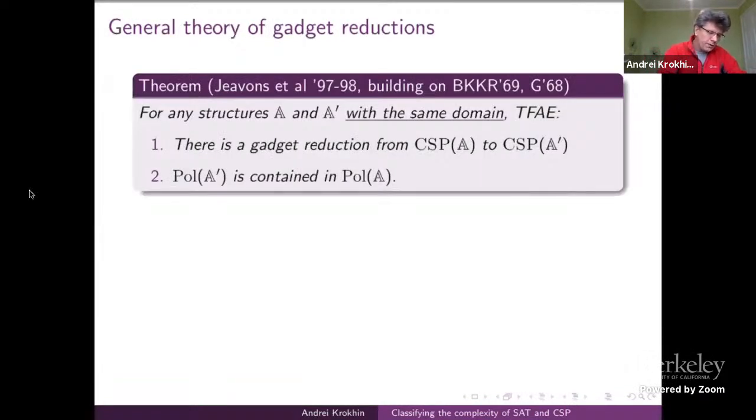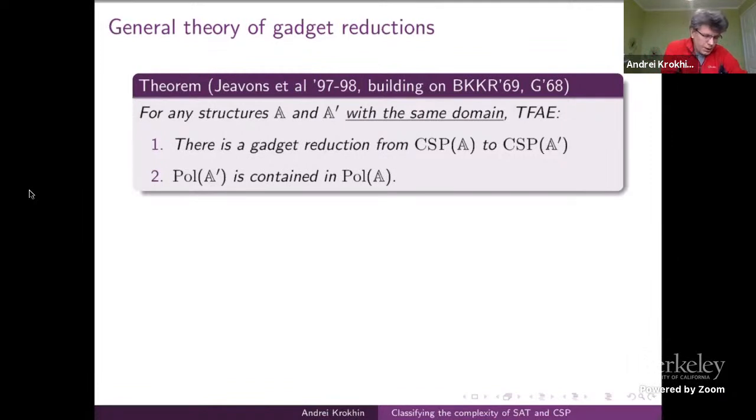So this is the key theorem that relates polymorphisms and gadget reductions. It was proved by Jeavons and his co-authors in 1997, roughly, building on some earlier developments in algebra by Bulatov, Zhuk, Kotov, Kaluzhnin, Romov, and Geiger, independent works. What this theorem says is that if you have two structures with the same domain, then the following things are equivalent.